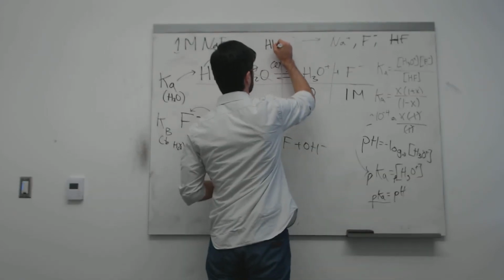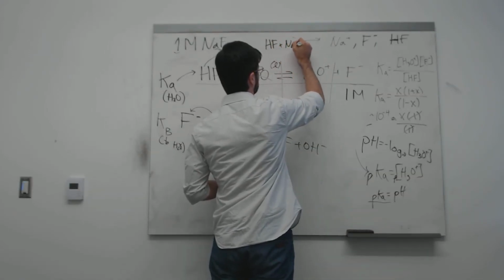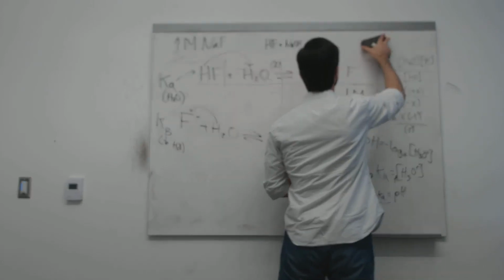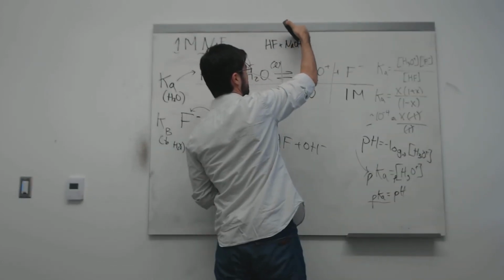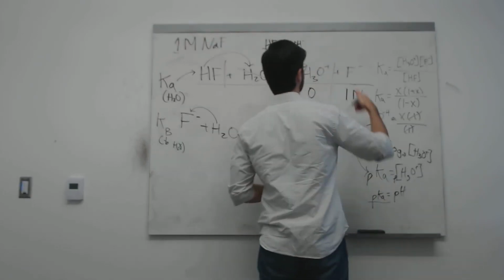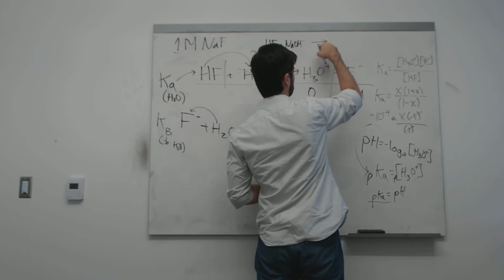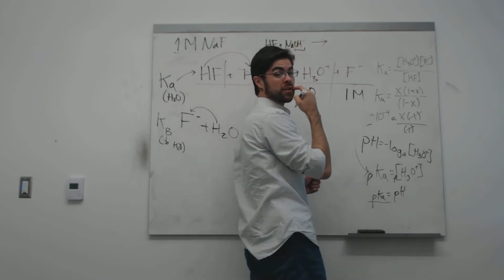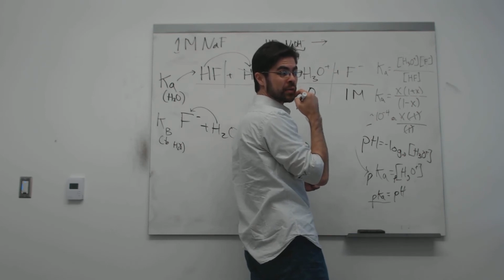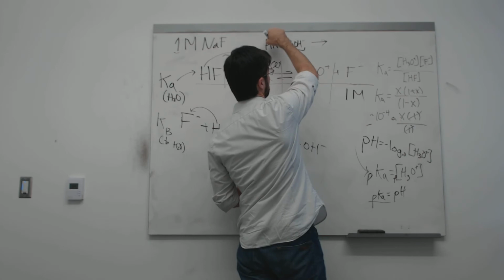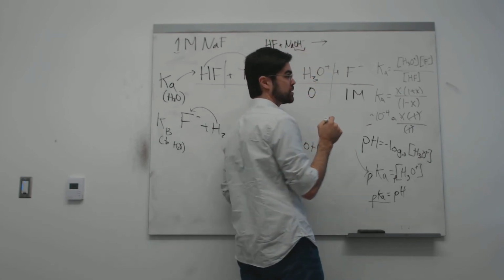HF. It is neutralized in the sense that, okay, I have an acid, it reacts with a base, and the base completely reacts with the acid. So this reaction goes to completion because the hydroxide ion is a very strongly basic reactant. It will very, very strongly take protons from hydrofluoric acid.